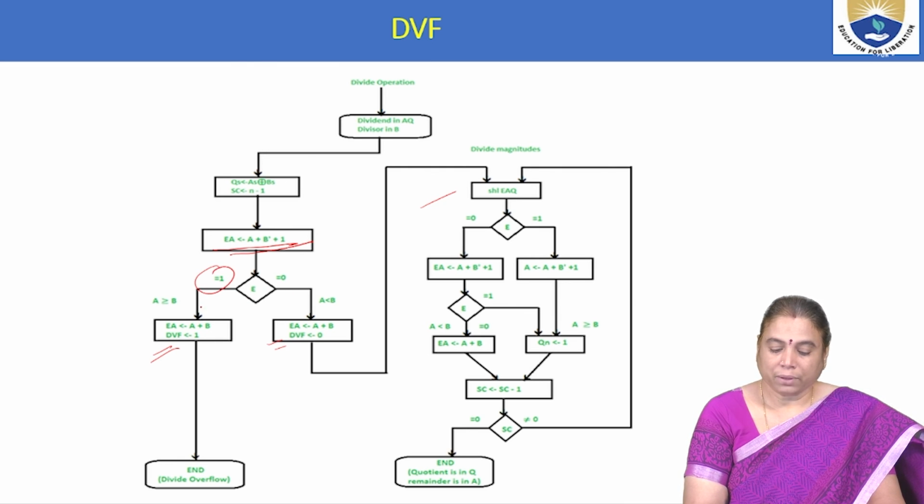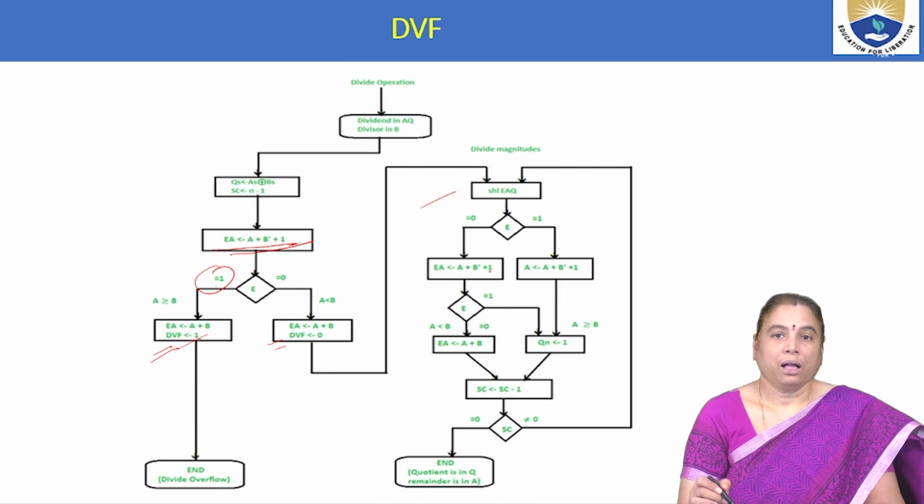If the E value is 1, the divide overflow is set to 1, because an extra bit is generated during the addition operation, in order to avoid the exception in the hardware. If it is 0, we can proceed with either the restoring or non-restoring division algorithm that we discussed earlier.